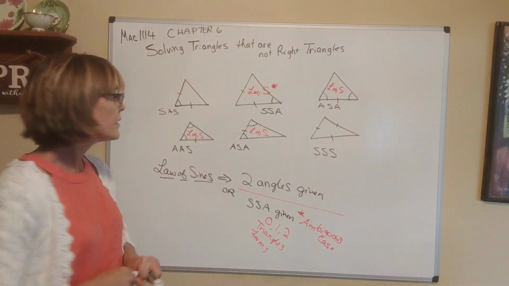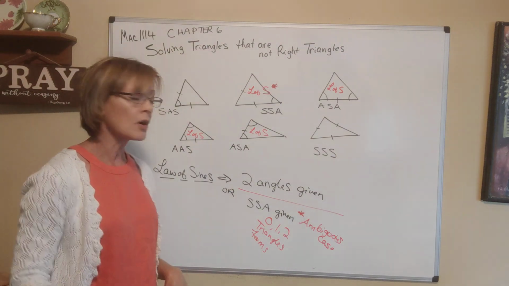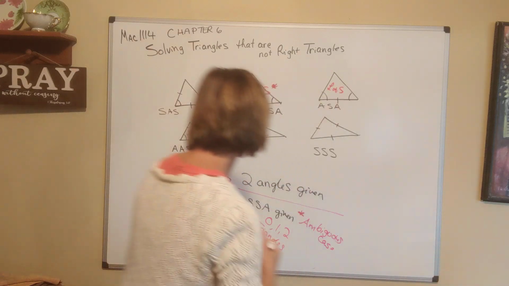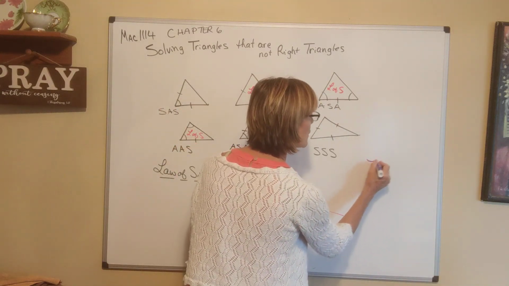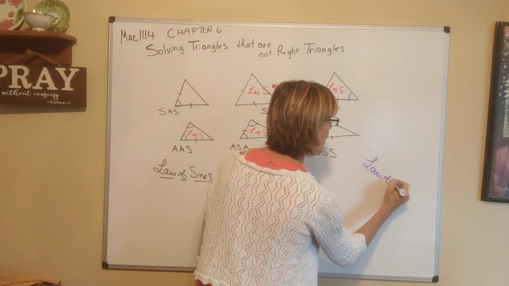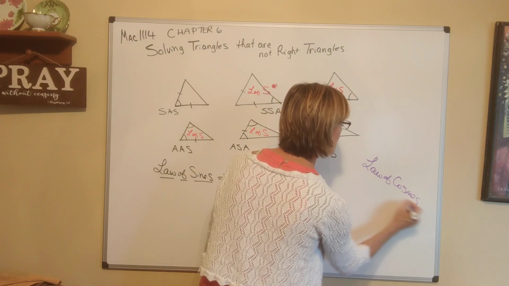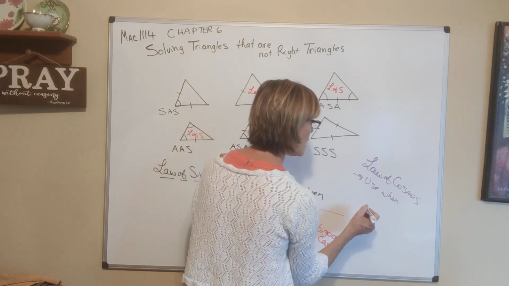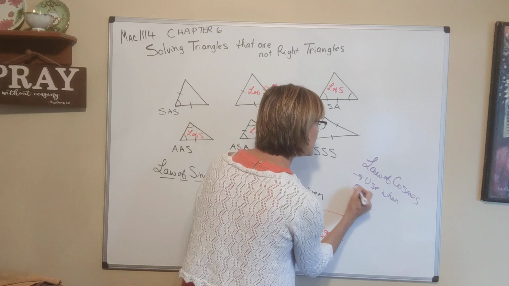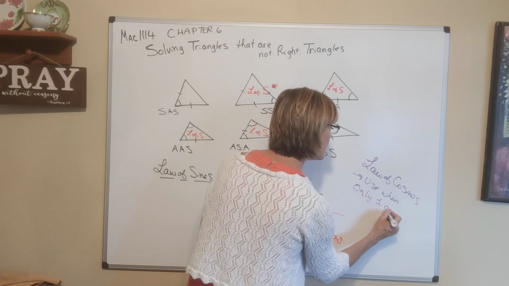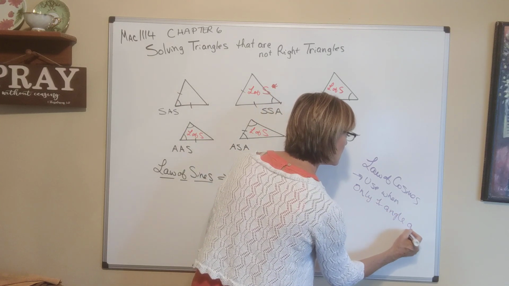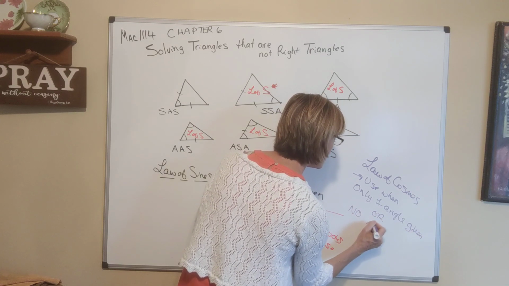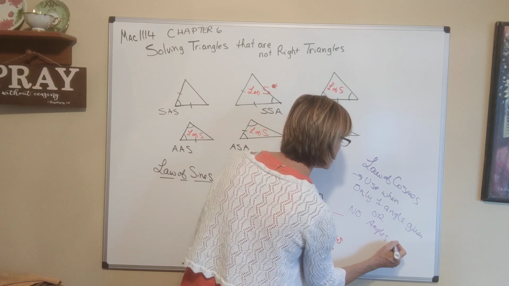Now, the other situations are when we use a different rule called law of cosines. So when do you use law of cosines? Law of cosines is what we will use when only one angle's given or no angles given.